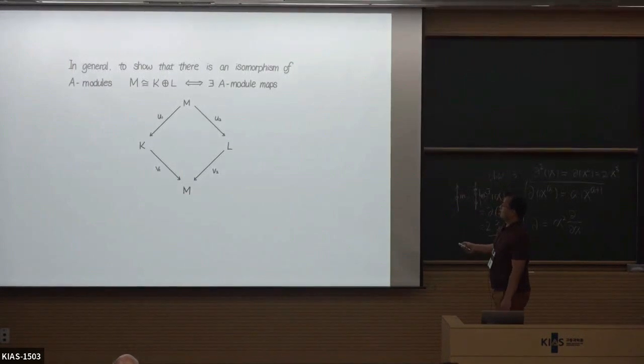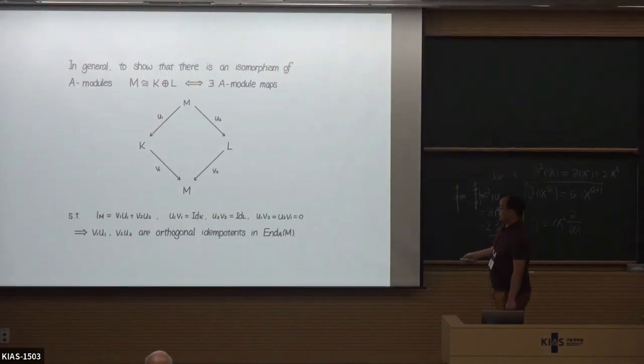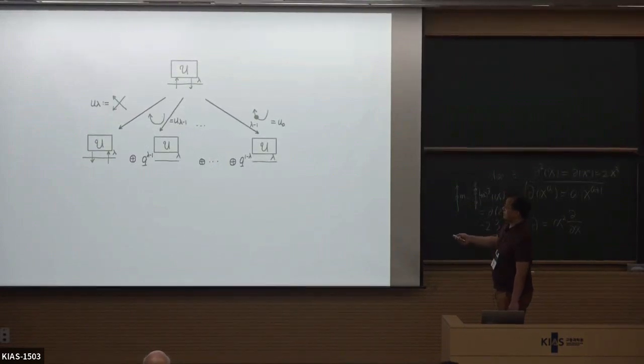So more generally, if you want to show a direct sum decomposition in the Grothendieck group, that M is isomorphic to the direct sum of two modules, you have to construct maps from M into the direct sum, and the projection and inclusion maps, satisfying the natural conditions, so that the compositions give you orthogonal idempotents in the endomorphism ring of M. So you have a decomposition into orthogonal idempotents. In this picture, because of the relations we have drawn, the natural way is just to split up the picture.